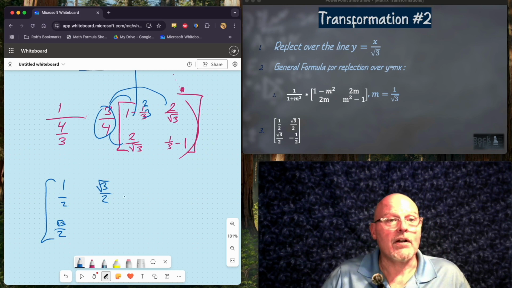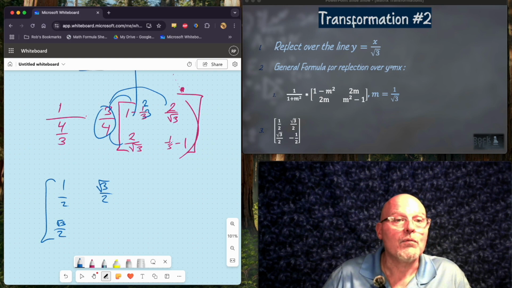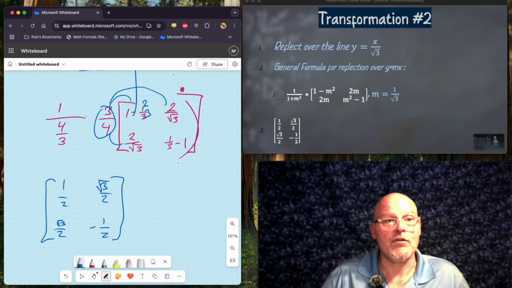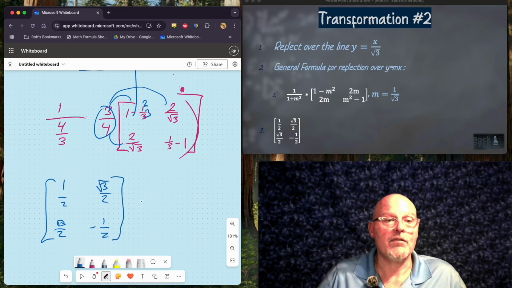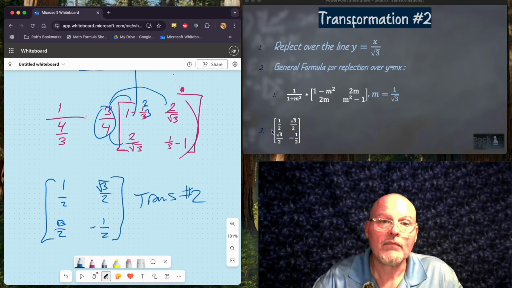And then down here, we have 1/3 minus 1, which is negative 2/3, times 3/4 is negative 2/4 or negative 1/2. Give it a shot yourself, pause, and make sure that you end up with these same answers. And so this is going to be our transformation number 2, and you can see it right here as well.